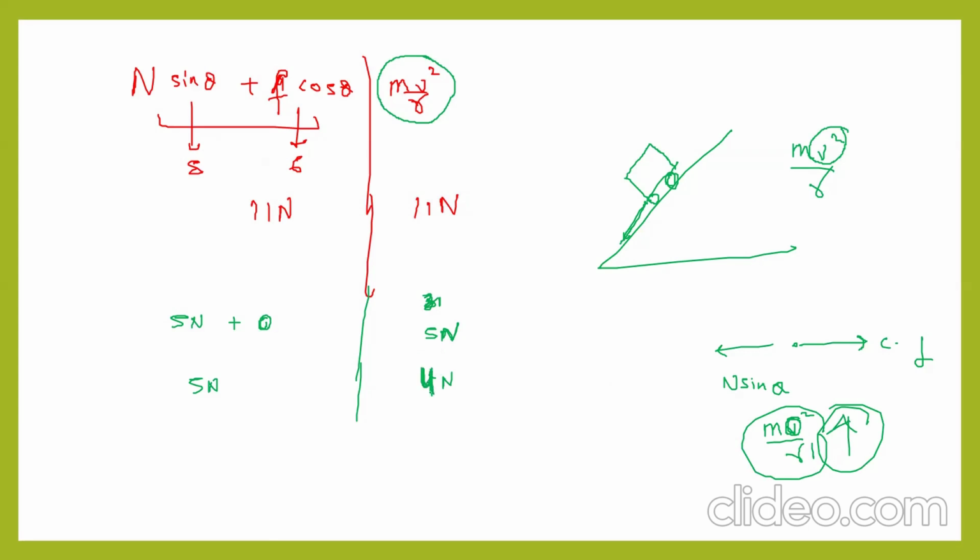Then the tendency of motion will be like this. It wants to move towards the center when you are decreasing your velocity. Friction always opposes the tendency.